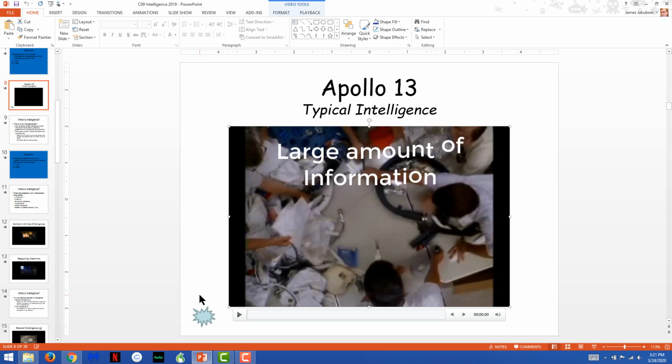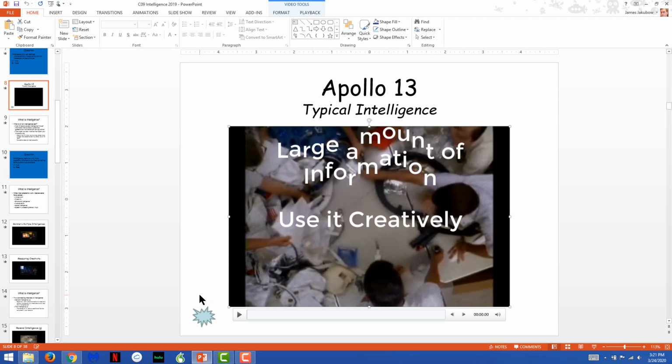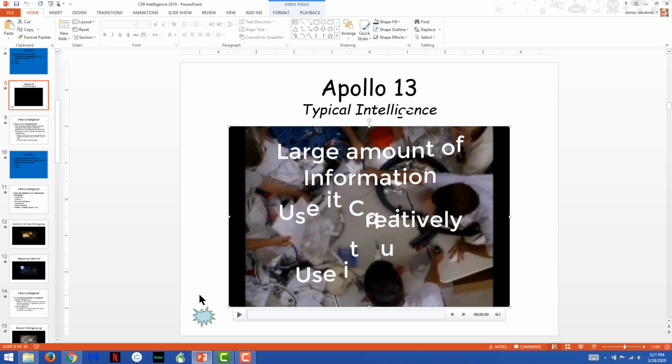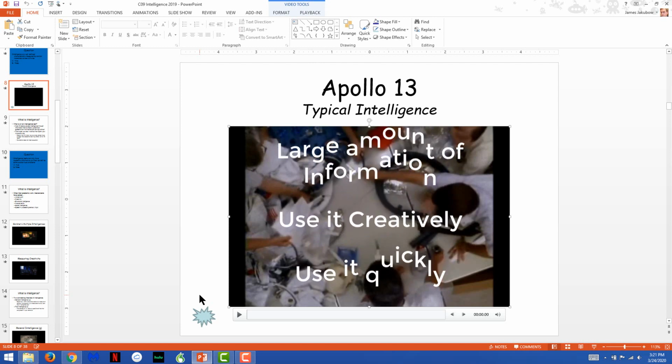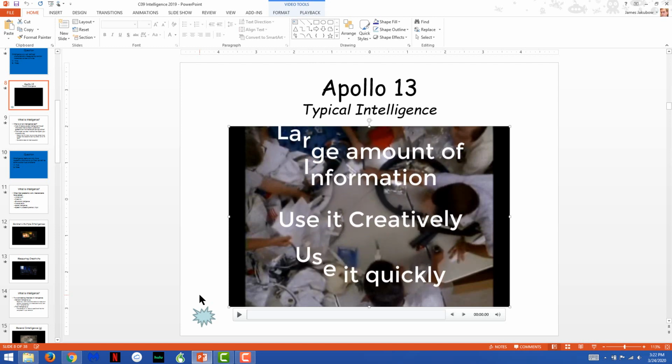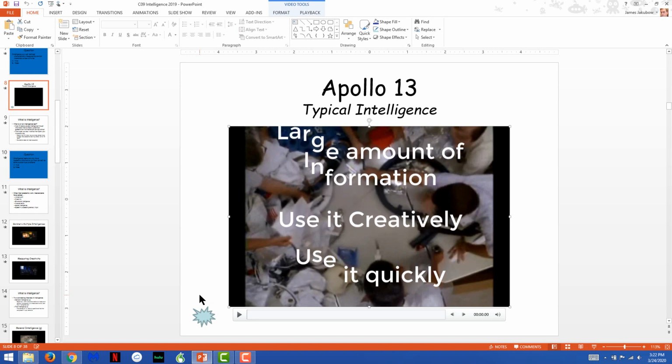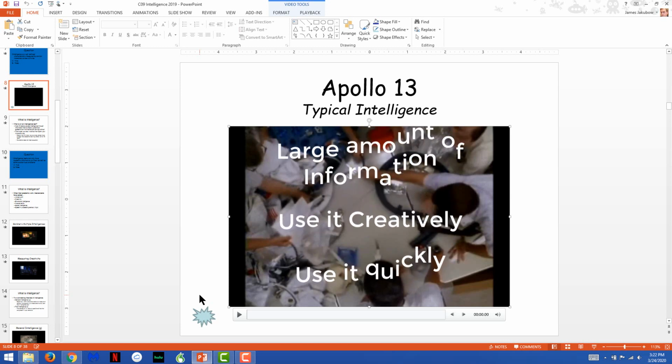They have to be able to use the information creatively, which is what they're actively doing on the table, in a short period of time. I mean, the definition works perfectly for the scenario. The engineers know more about engineering than anybody. Now they have to have a creative solution in a very brief period of time, because time's wasting and the astronauts will die from brain asphyxiation if they don't get this job done.